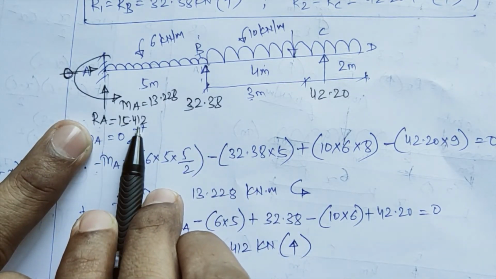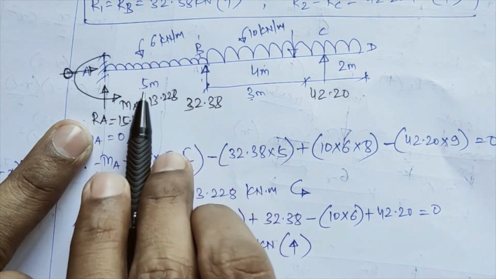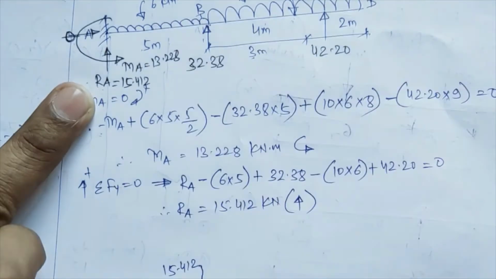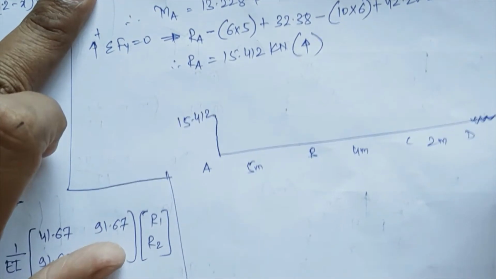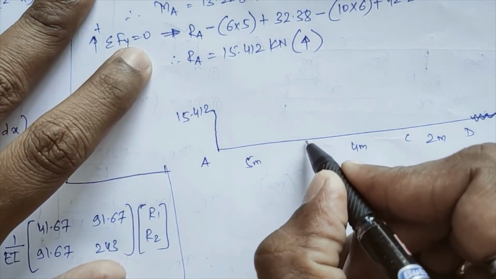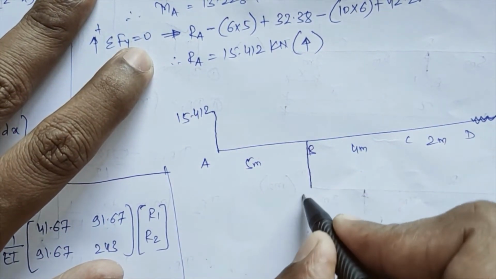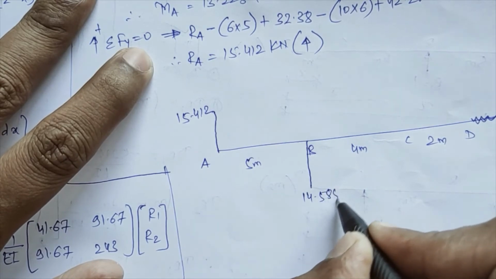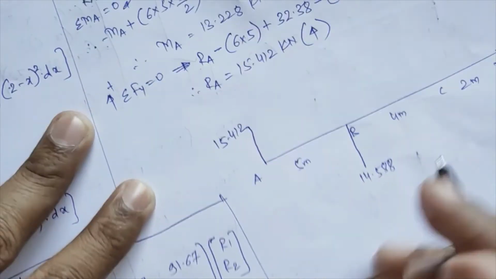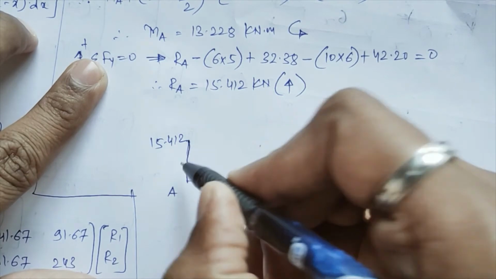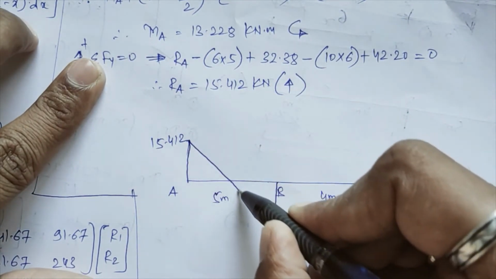So 15.412 minus 30, I get as minus 14.588, that will be your shear force at point B to the left hand side.